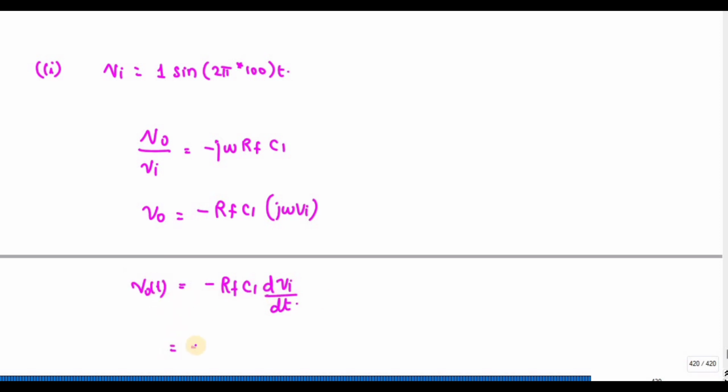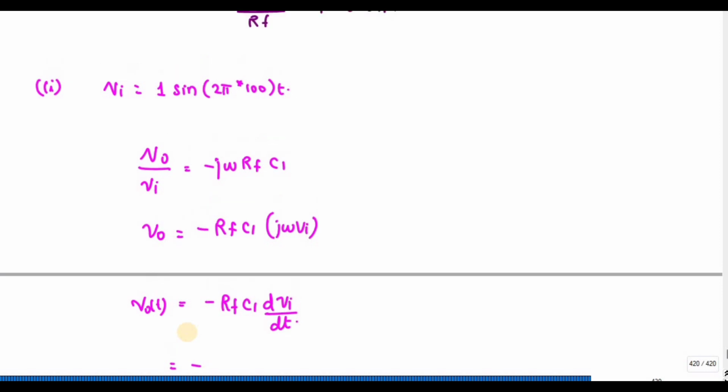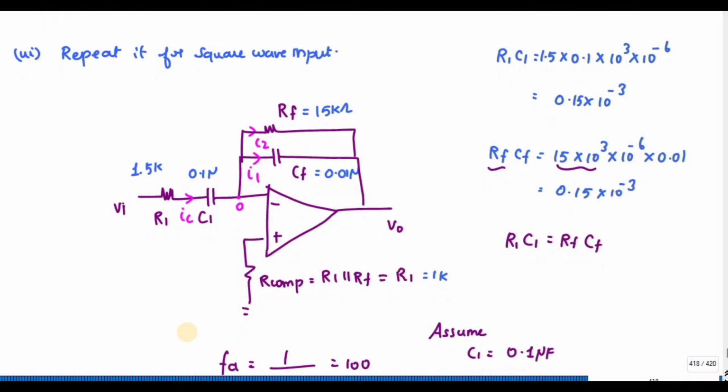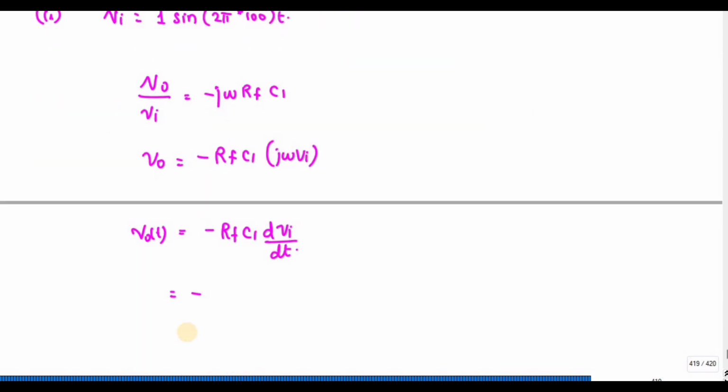So you substitute the value of RF. What is RF? RF is 15K, right? What is C1? C1 is 0.1 into 10 power minus 6, d divided by dt of the input, 2 pi into 100 t.